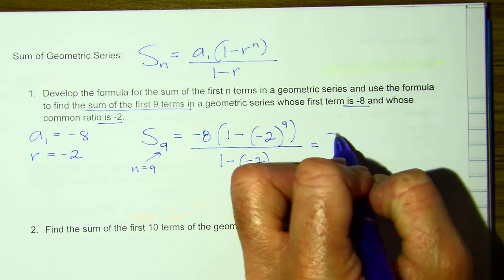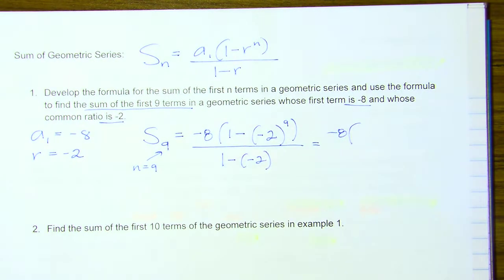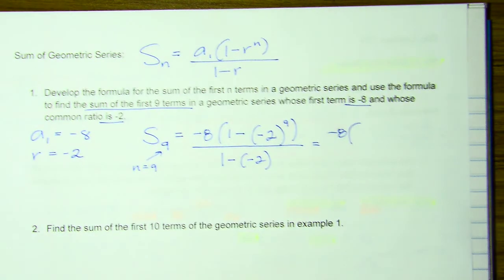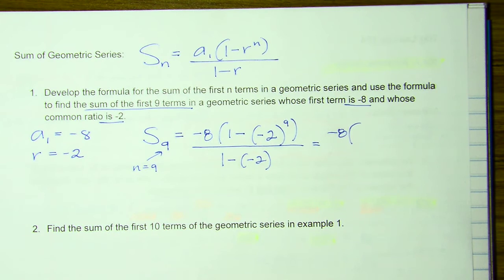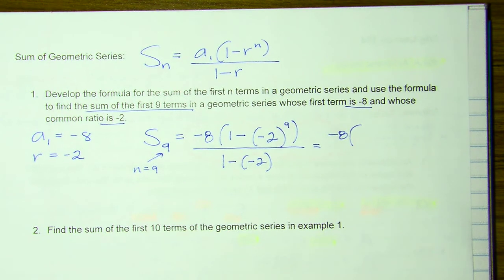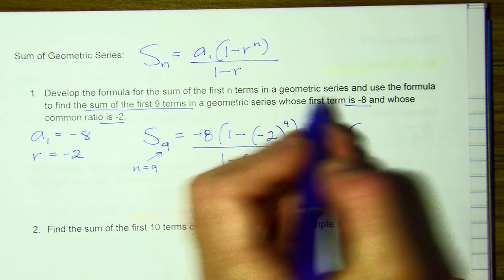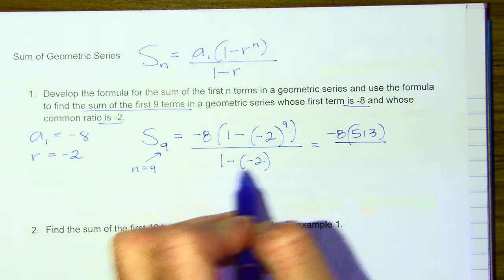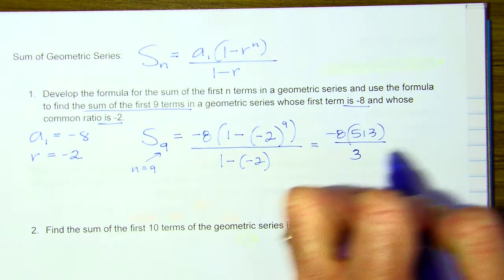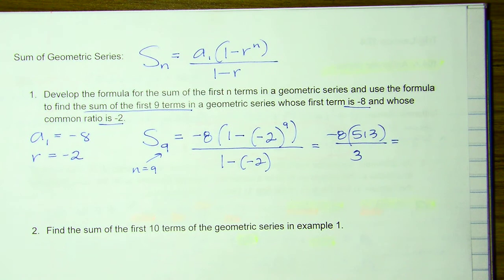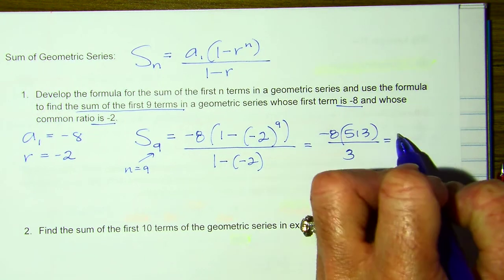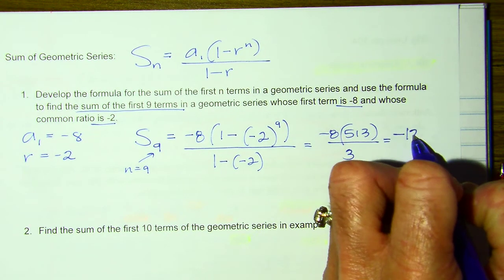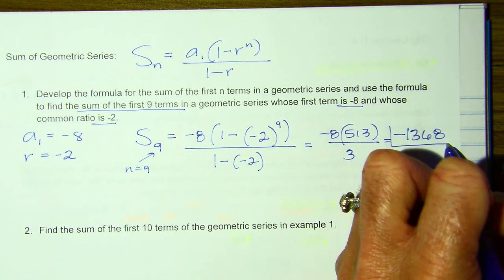This is -8 times 1 minus -2 to the 9th, which is 513, divided by, this becomes positive, right, 3. And so I get an answer. The sum of the first 9 terms is -1,368.